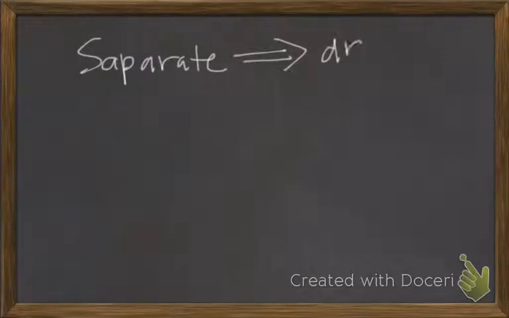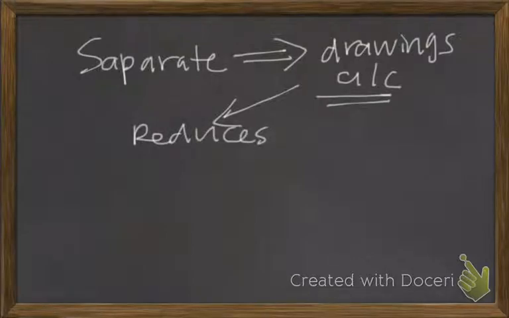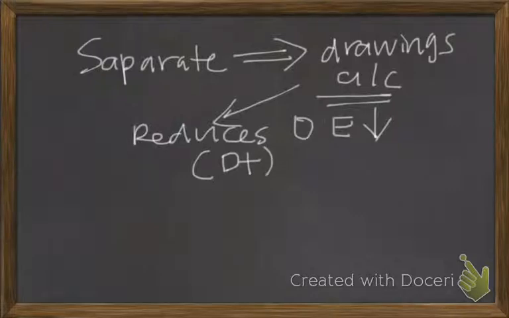It is called the drawings account. Remember, drawings reduces owner's equity, which means drawings is recorded on the debit side.